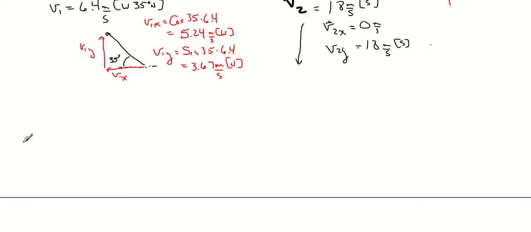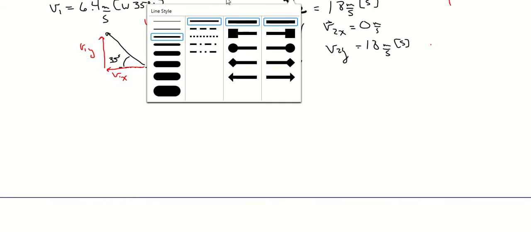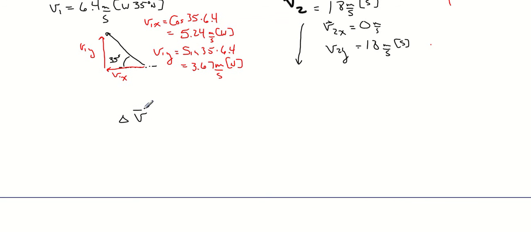Okay, so let's slide this page down a little bit. And what we're going to start with here is targeting and finding delta v. And delta v is equal to, as we know, v2 minus v1. And we're going to find the components of delta v.